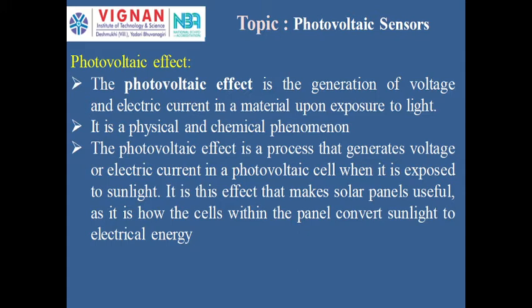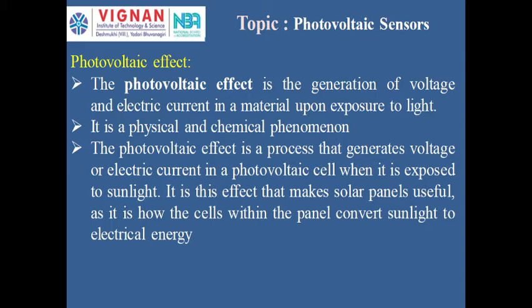When light from the sun falls on a photovoltaic cell, due to the striking of photons there is a mobility of charge carriers from one place to another, so that it can generate some voltage or electric current in the photovoltaic cell.